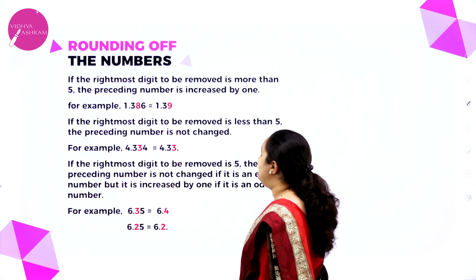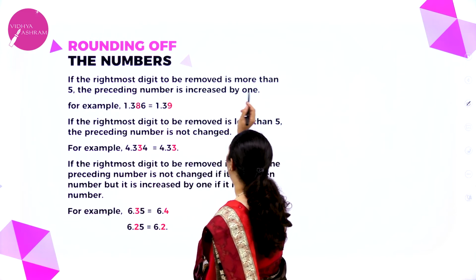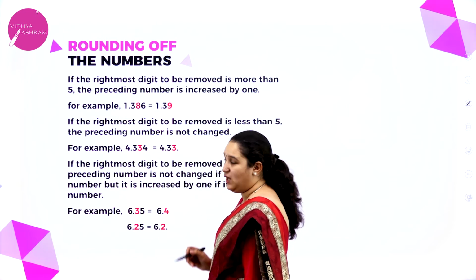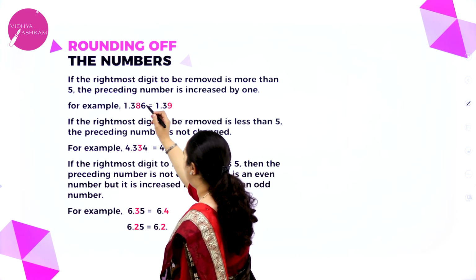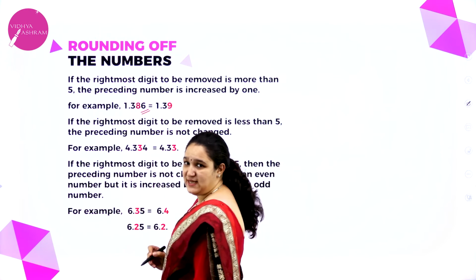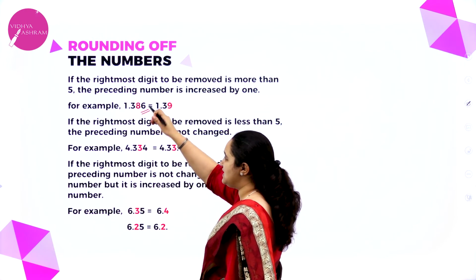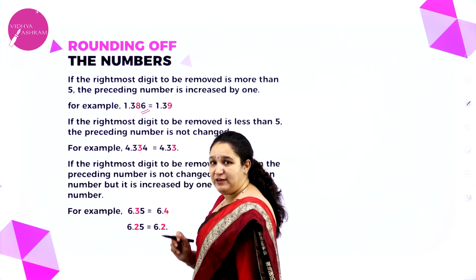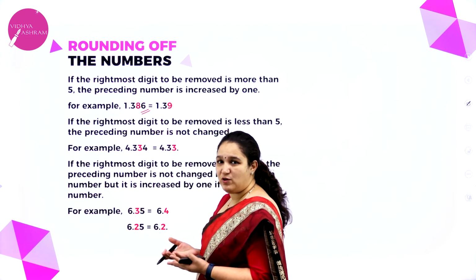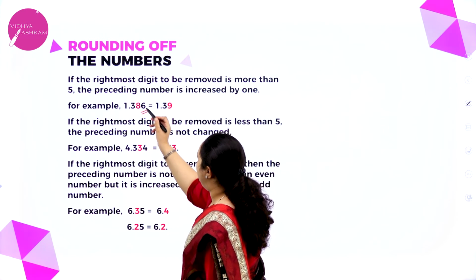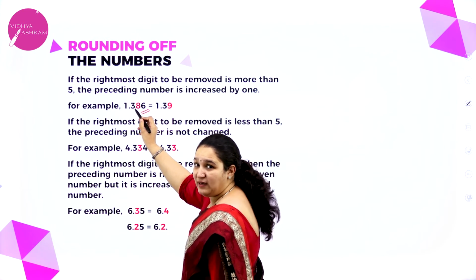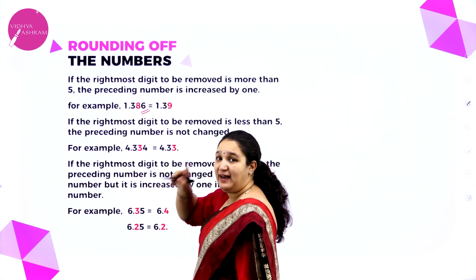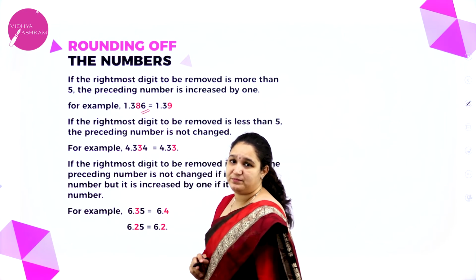If the rightmost digit to be removed is more than 5, so here I want to remove 6. This digit 6 I want to remove, and this number is more than 5. So the number just before that should be increased by 1. I'll write it as 1.39.